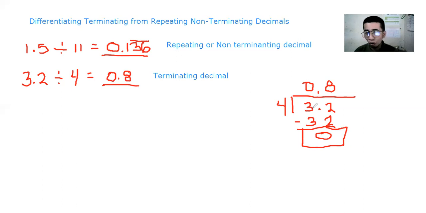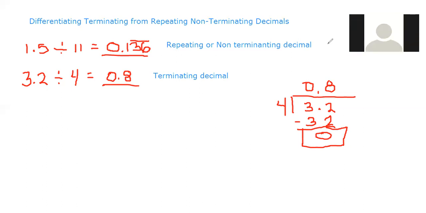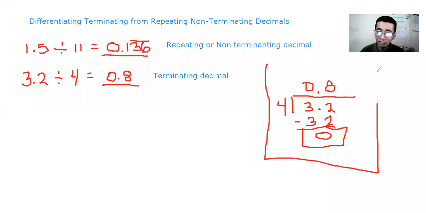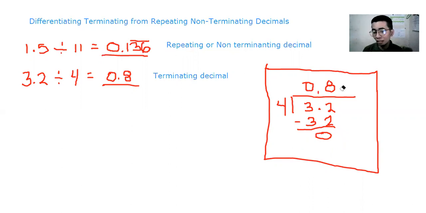Diba? So, Sir, explain nyo nga po yung terminating decimal. Ito nga. Kung paano po siya isolve. Itong example na ito yung terminating decimal. Ito yung binigay nating sample, diba? So, ang pinagkaiba lang ng terminating decimal, hindi na siya paulit-ulit. Nakikita na natin yung sabi nyo nga kanina, normal na pagsasolve, diba? That is terminating decimal. Ang repeating decimal naman, paulit-ulit.